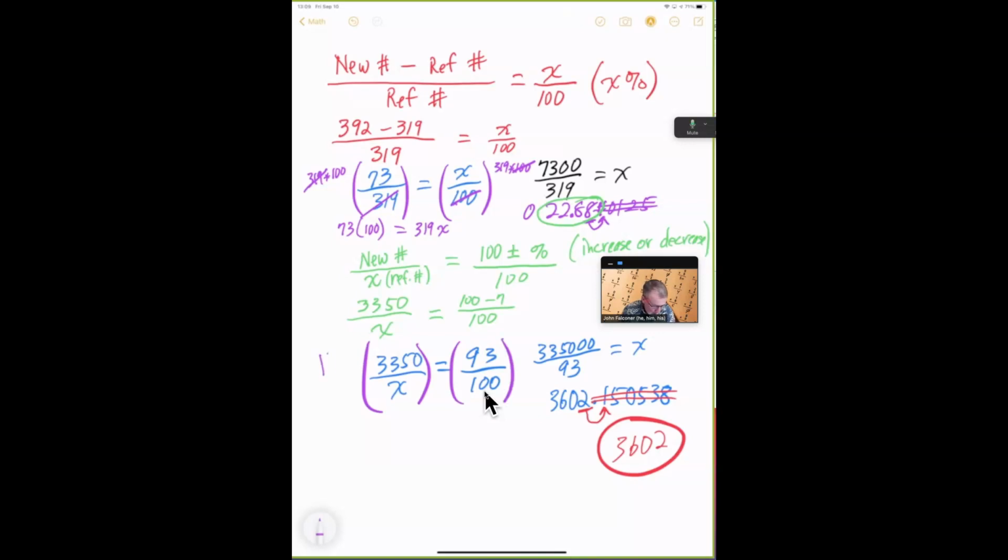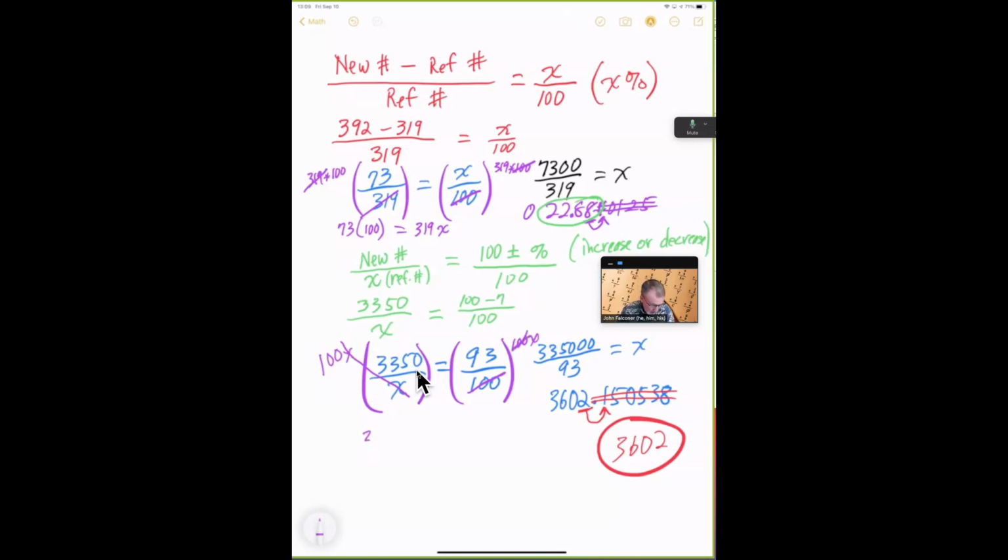Which is basically saying multiply both sides by 100x. All right, so on the left side, the x's cancel out, leaving 100 times 3,350. And on the right side, the 100s cancel out, leaving 93x.